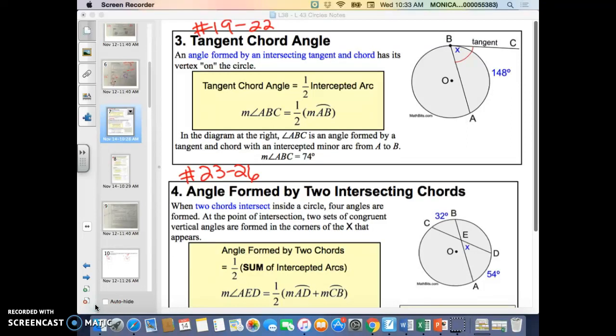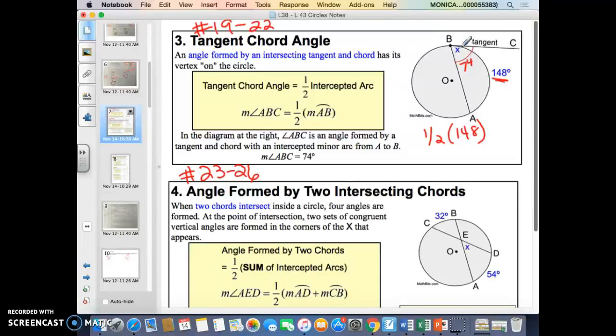And so one you've got from a tangent and a chord. And what you'll notice is that you take the arc and divide it by 2, and once again you'll get the angle. So this is very similar to an inscribed angle. You use the same formula. So you've got this arc here, which is 148. And so if you want an angle measure, it would be 1/2 of 148, which is 74 degrees.